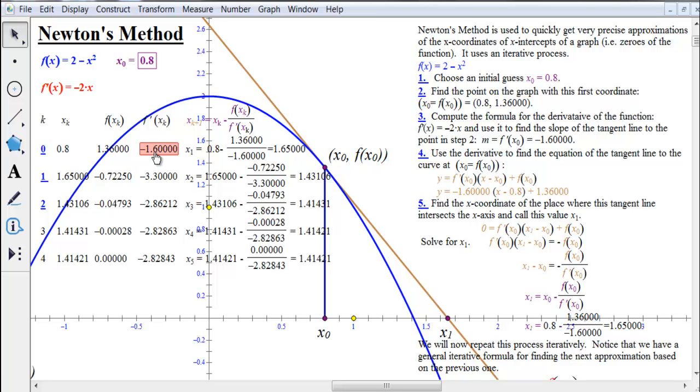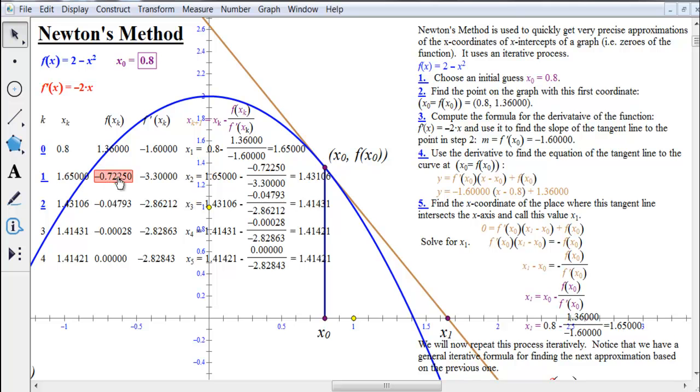Then we find the derivative at that point, which is the slope of the tangent line. We graph the tangent line and solve for where it crosses the x-axis using that red formula I had down here. So the numbers are 0.8 minus 1.36 over negative 1.6, which is 1.65. That's x1. Now that's the output of that first stage, which becomes the input for the next stage.